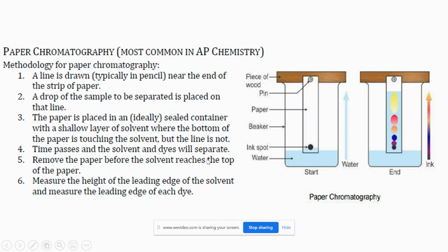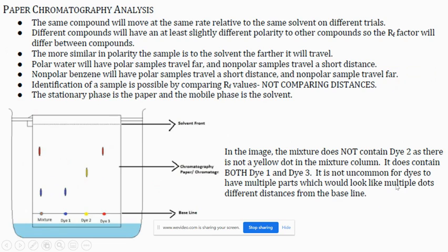And then you let that continue to climb up. And you want to pull it out of the solvent before it reaches the end here, because you need to see how far these dyes travel, and you're going to measure that, okay? So you're measuring the height of the leading edge of the solvent of each dye, and you come up with a calculation, okay?